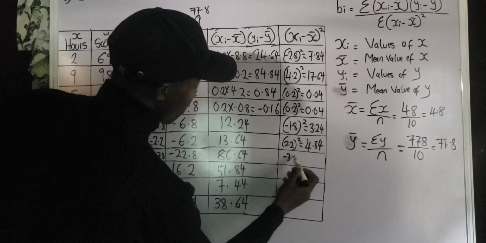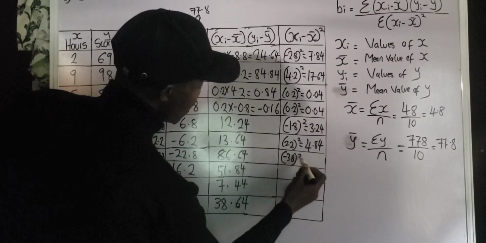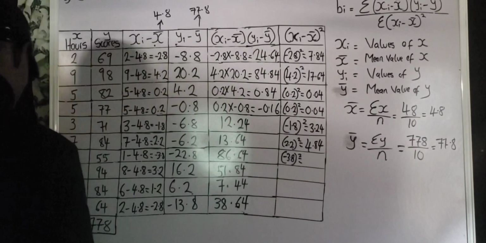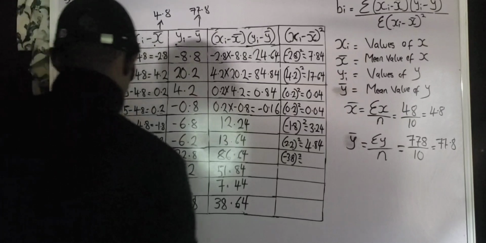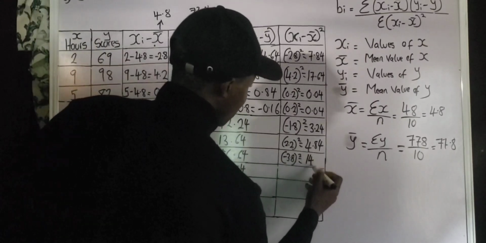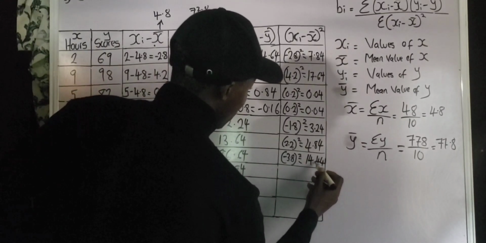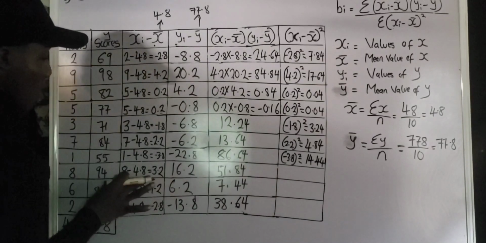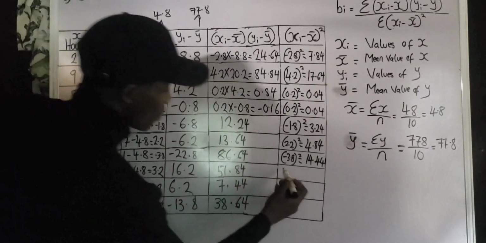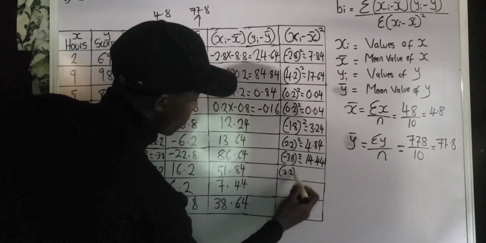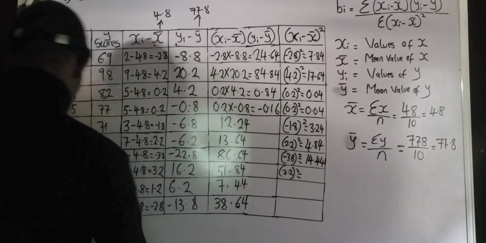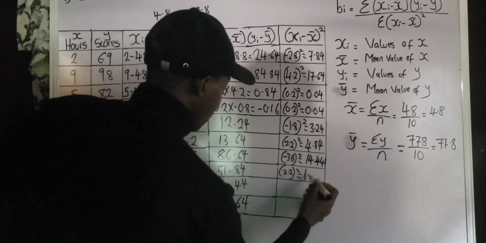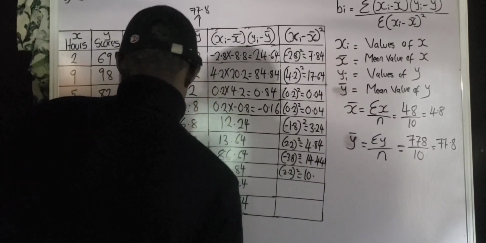Minus 3.8 squared gives 14.44. And for these cells, you are going to square 3.2. So I'm going to have 3.2 squared. That will give us 10.24.